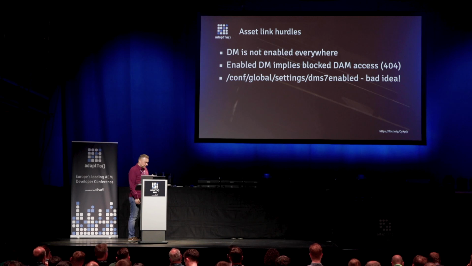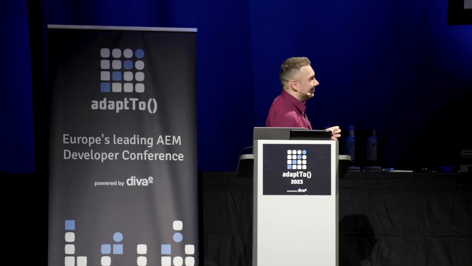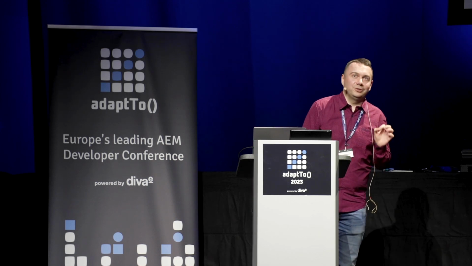But it turned out that that was working quite okay for, I would say, a year and a half. And then that node disappeared from published instances. That was deliberately removed by Adobe simply because it doesn't have to be there. There was a bug. I do not have a ticket number in mind, but that got removed on purpose. So all our logic that's supposed to detect whether dynamic media is enabled started to fail.